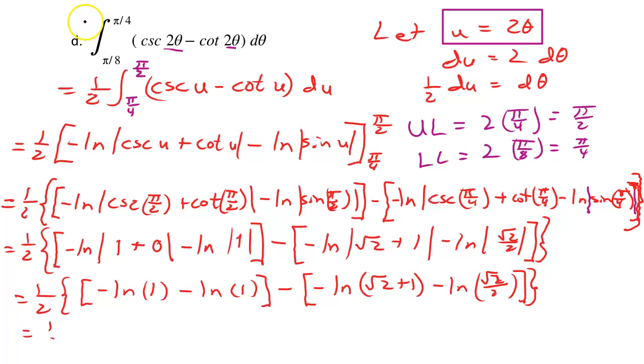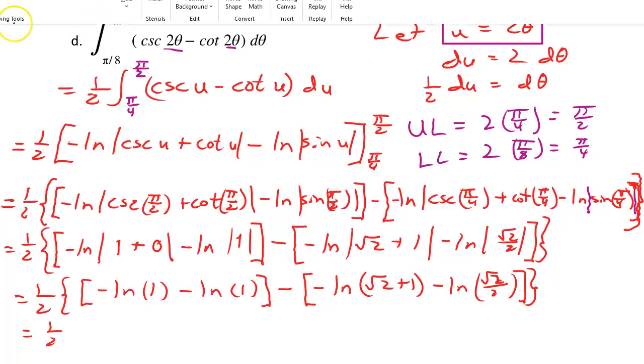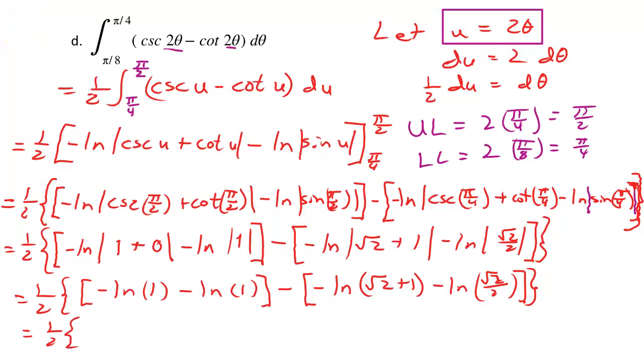All right, so we got 1/2. This whole first, I'm going to go ahead and write it in anyway. We'll do an extra step. It's no problem. This whole first bracket is just negative 0 minus 0, right? Because you got natural log of 1, natural log of 1. And then I'll distribute the negative now over here.